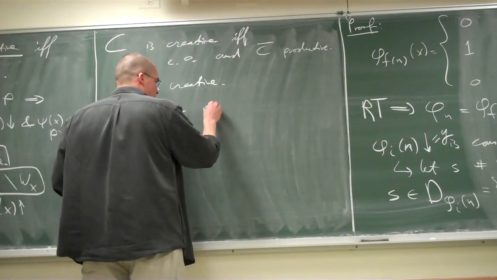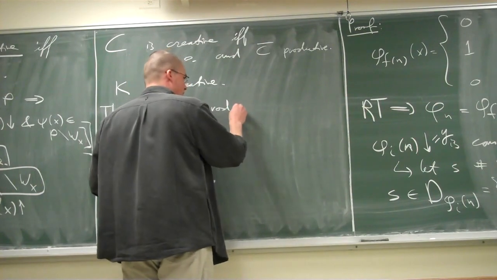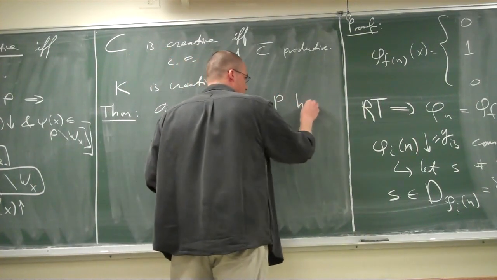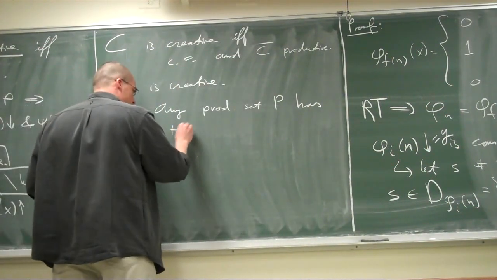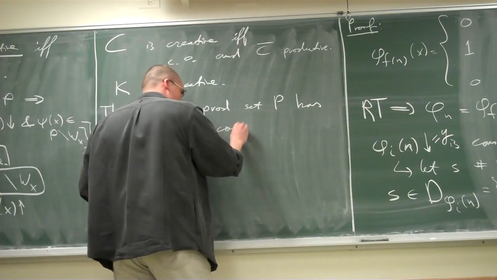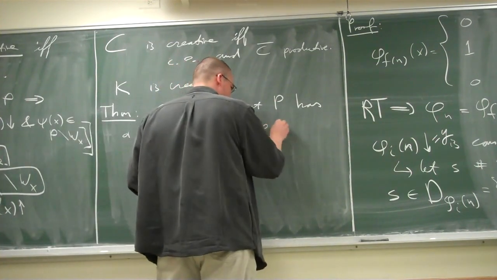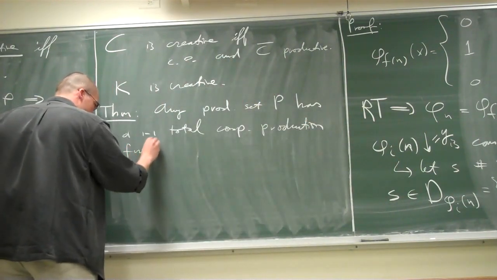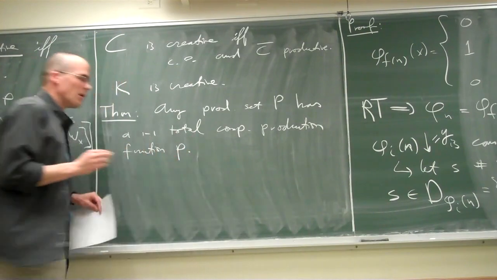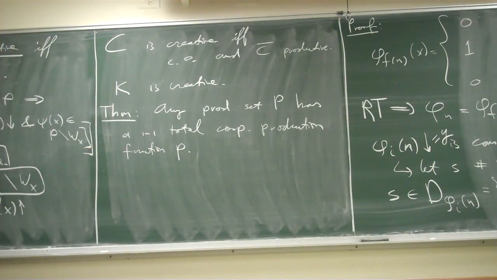Any productive set P has a one-to-one total computable production function. So from this possibly crappy partial computable many-to-one production function, you can obtain one which is total and one-to-one.